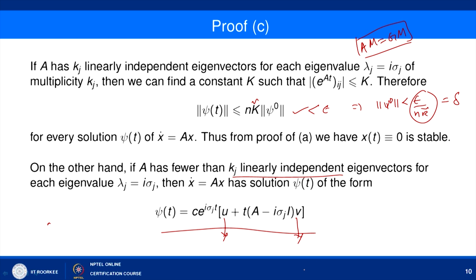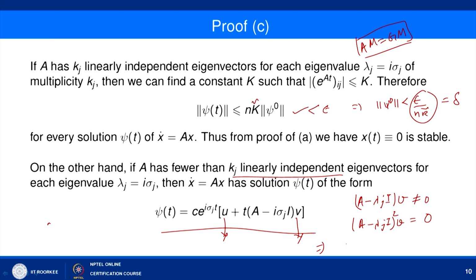Right. So here we simply say we want to show that this solution is going to be an unstable solution. For that, since v is a solution of what? v is non-zero and (A minus lambda j I) squared v is equal to 0.